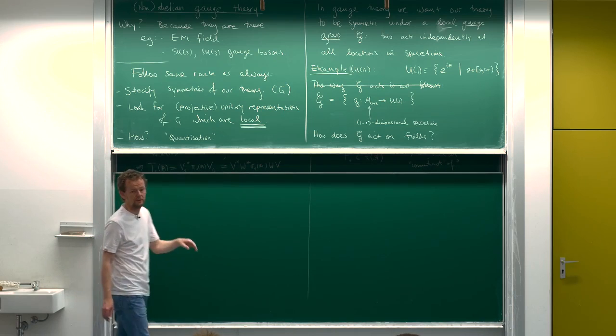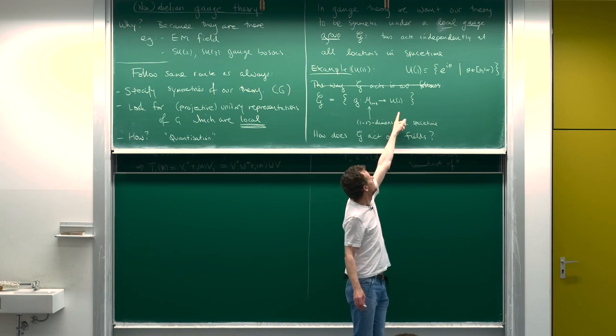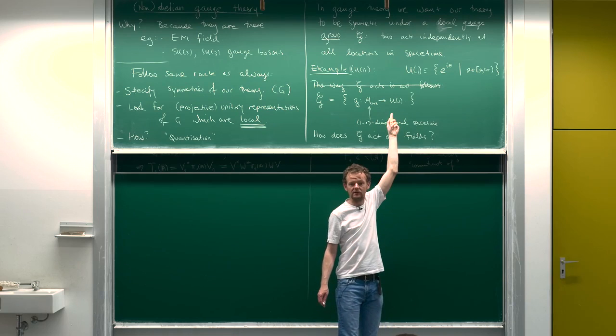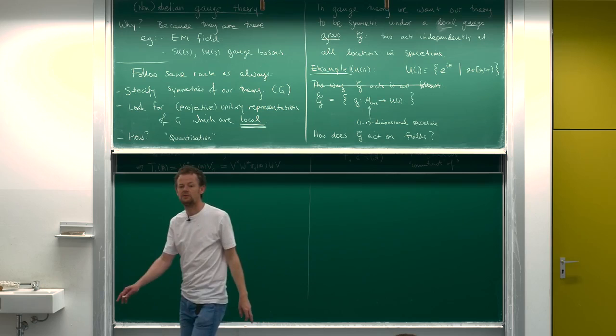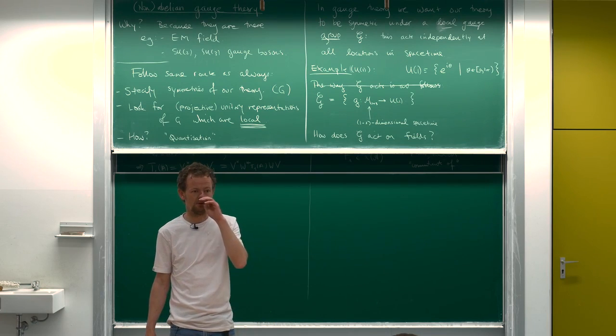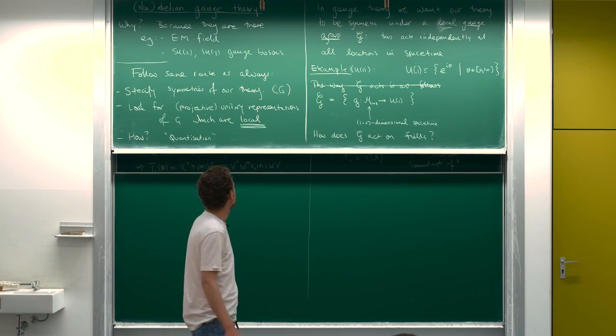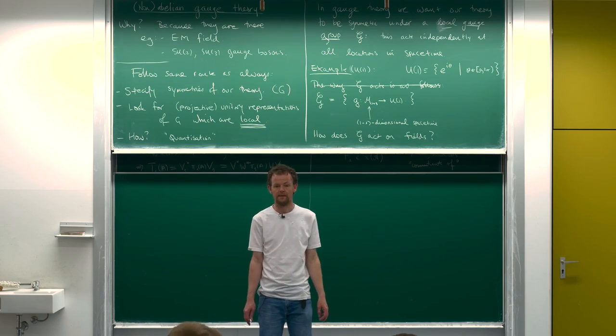So all of the local gauge groups that we consider in this course will be of the form of some continuous Lie group acting independently at every location in space-time. Yeah, question? Is there some continuity condition for small g, is the question. At the moment, you should think not. You should think of that acting truly independently at each location in space-time. Eventually, we're going to build that in.